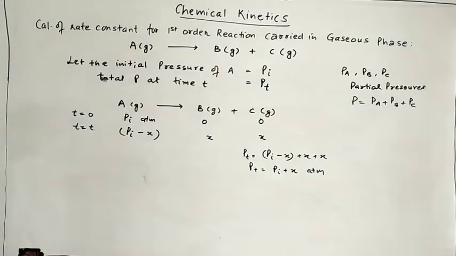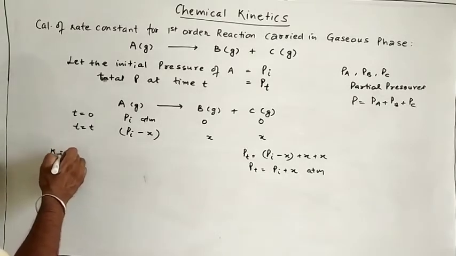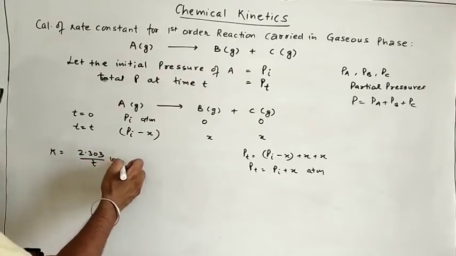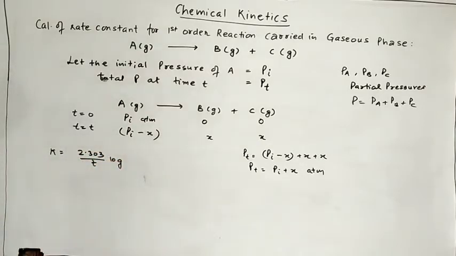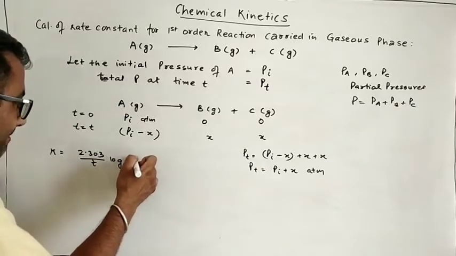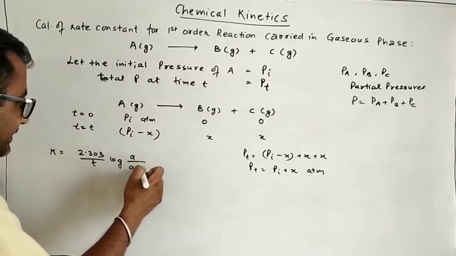Now we know that for a first order reaction k equals 2.303 by t log. At the upper end we have the initial concentration, and at the lower end we have the concentration at time t. So here we have initial pressure. Generally we write it like this.